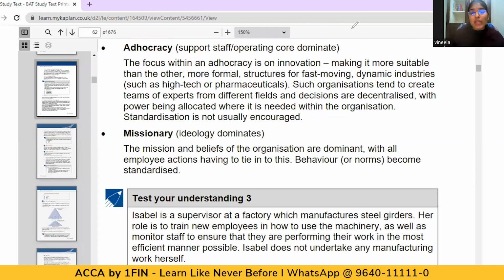So this is the whole of your Mintzberg configuration. I want to make one thing clear: make sure you are reading the whole concept clearly and understand the characteristics of each and every type of structure, because there are high chances that a case-based question can appear in your exam.